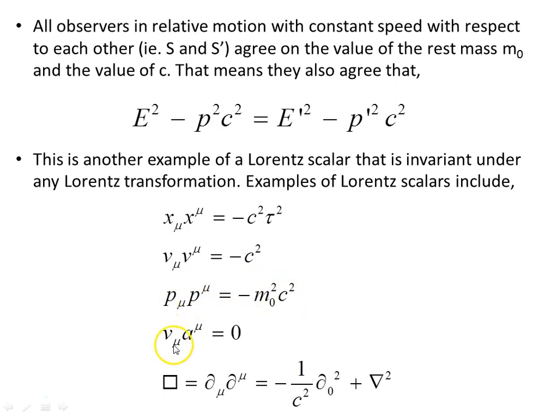It turns out also that the velocity vector and the acceleration vector are always orthogonal to each other, so their product is always 0. The D'Alembert operator, this object here, is again another Lorentz invariant scalar. That means nowhere does a Lorentz factor appear in any of these, and these results always hold, which makes them useful for solving problems.